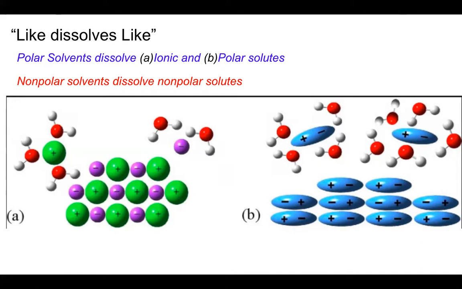If you get pine sap or something in the summers on your hands, and it doesn't come off very well with water, use baby oil or something like that. Again, a nonpolar solvent can help dissolve those nonpolar solutes. So that's what that phrase "like dissolves like" means.